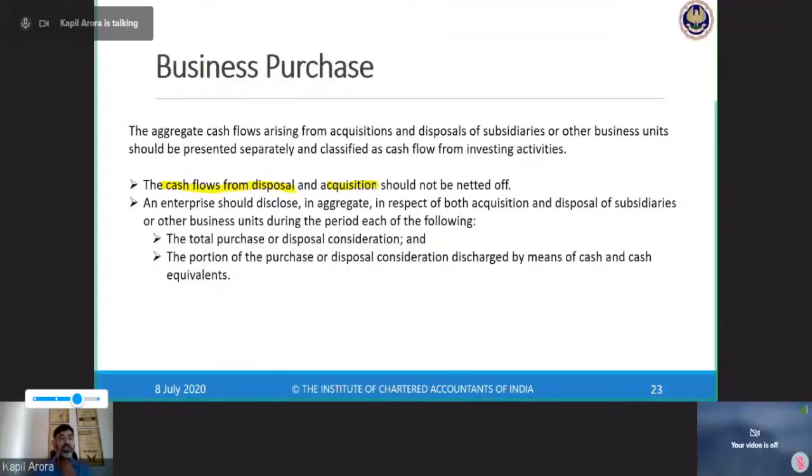I should not show the netted amount; I should show the gross amount for both transactions. For that purpose, we also need to show how much consideration we have received or paid, or the portion of consideration. There may be a case that I am acquiring a company by way of share exchange. If I am paying any cash, only then it should record cash, otherwise it should not record cash.